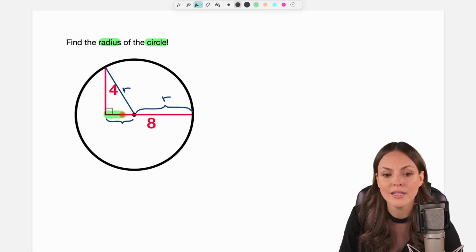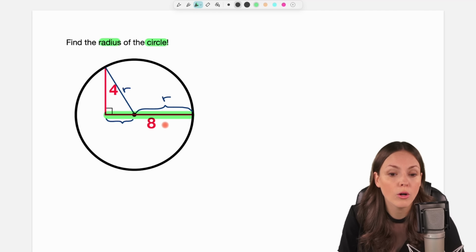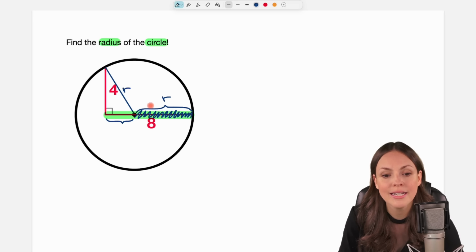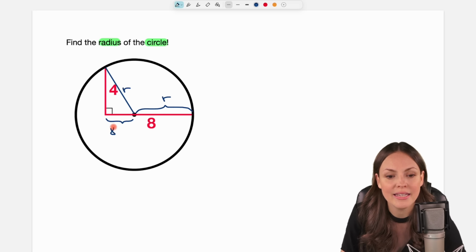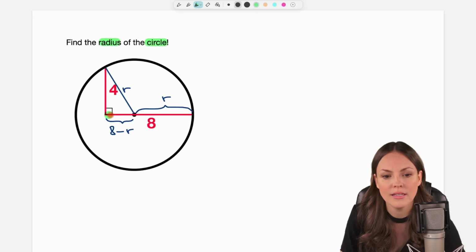So for only this part here, I can take the entire side first, which would be too long. But if I just subtract this part here, then only this part here is left, and this is what I'm interested in. So I take the entire side, the 8, and then I subtract my radius, and then this is what is left.